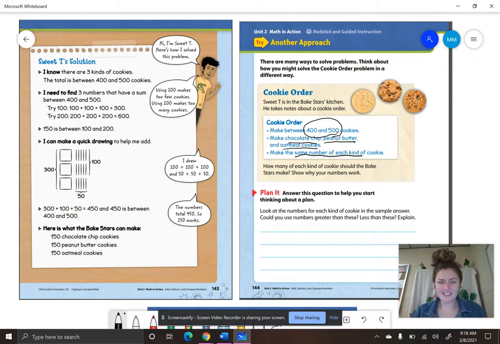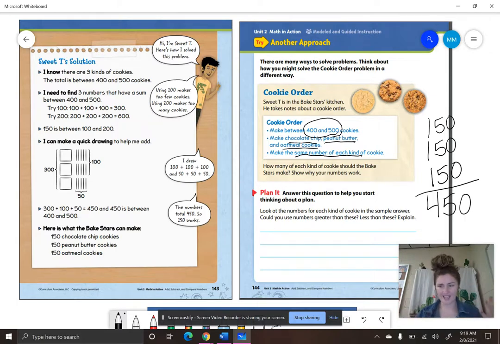All right, so let's think about how Sweet Tea solved this. It says, look at the numbers for each kind of cookie in the sample answer. Could you use numbers greater than these or less than these? Explain. So Sweet Tea had 150 for chocolate chip, 150 for peanut butter, and 150 for oatmeal. Altogether, he had 450.